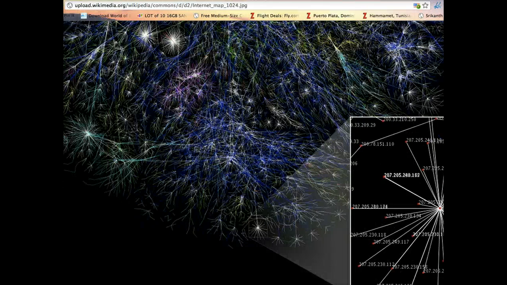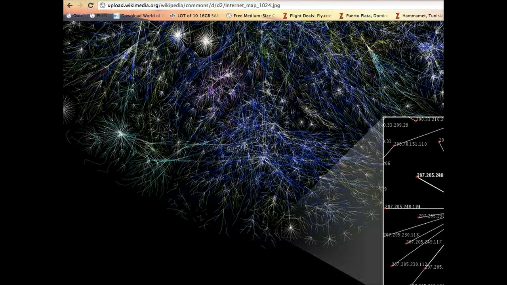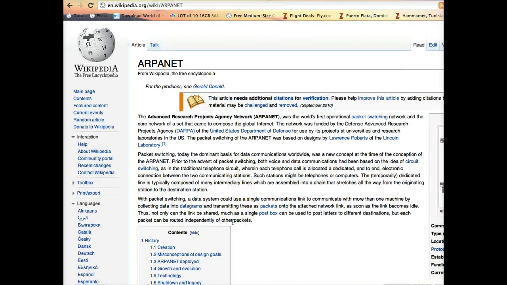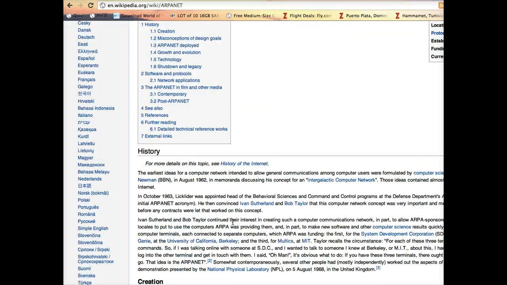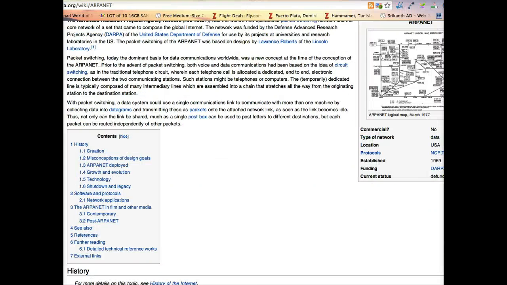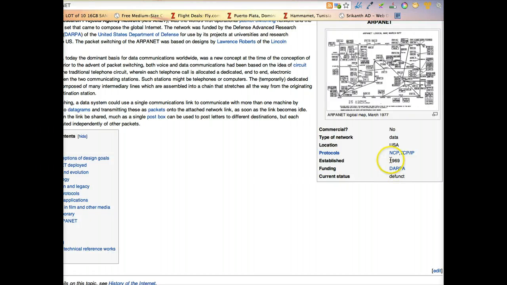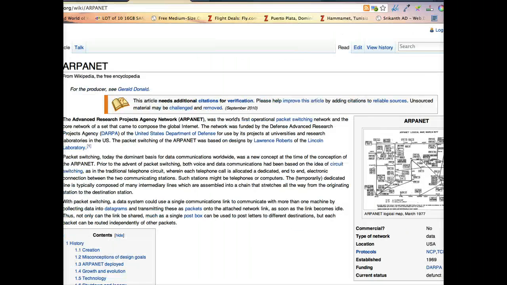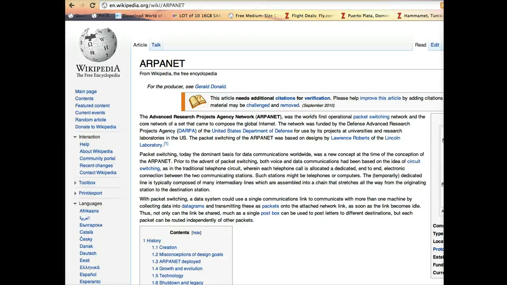But let's wind back the clock to, I think it's about 1970, 1969 is the year over here on the Wikipedia article. In that year, there was a network established, the first successful network of two computers or more, or three computers or more, connected together.